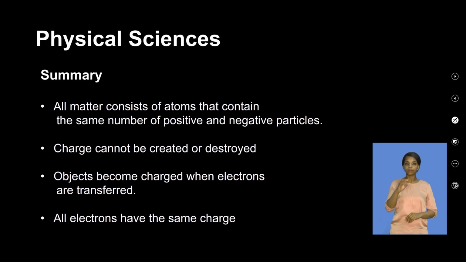This leads us to the principle of conservation of charge, which tells us that the net charge in a closed system remains constant, and it's only the electrons that are transferred when there is contact during any physical process. And all electrons have the same charge, which is a constant, negative 1.6 times 10 exponent negative 19 coulombs. So this is a physical constant.